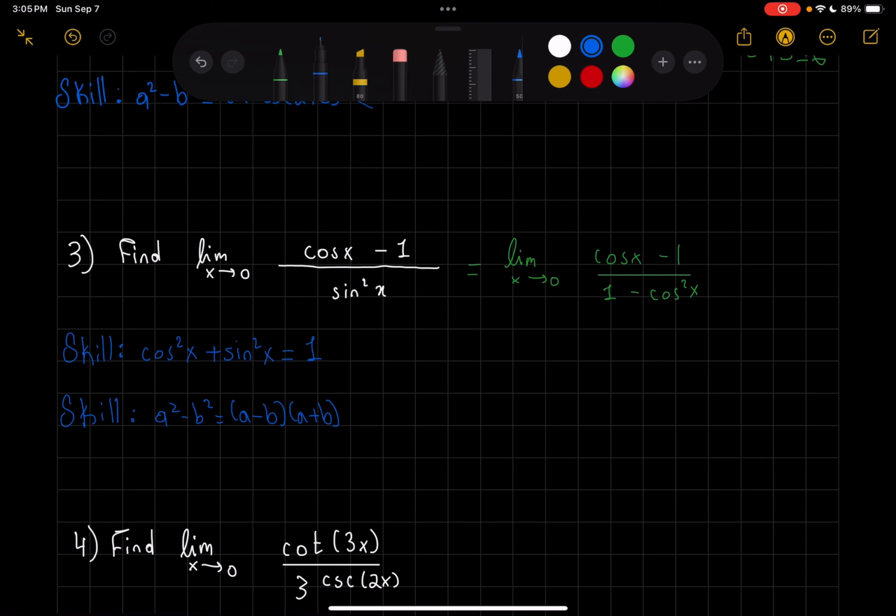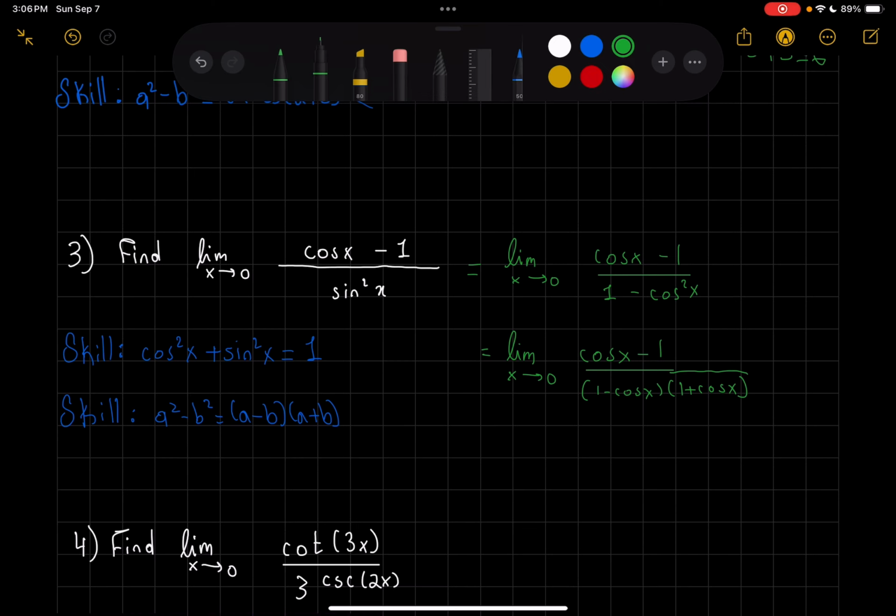So what is a squared minus b squared? It is going to be a minus b, a plus b. So limit as x is going to 0 of (cosine x minus 1) over (1 minus cosine x)(1 plus cosine x).